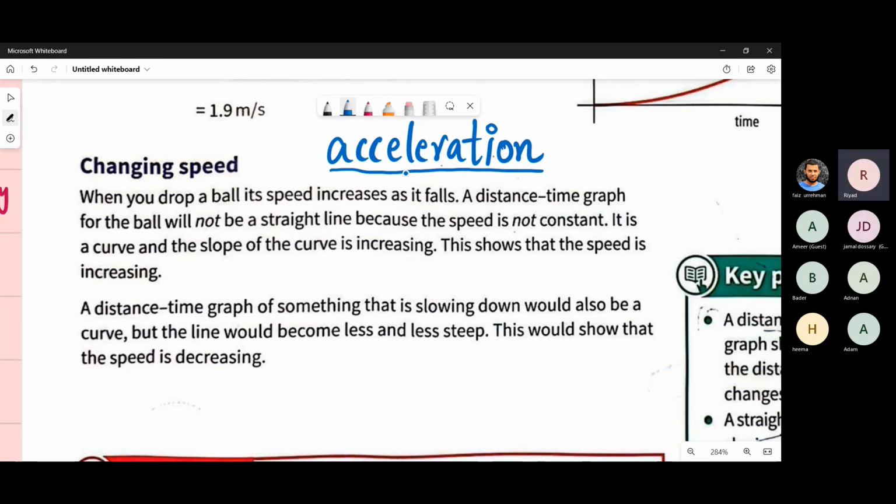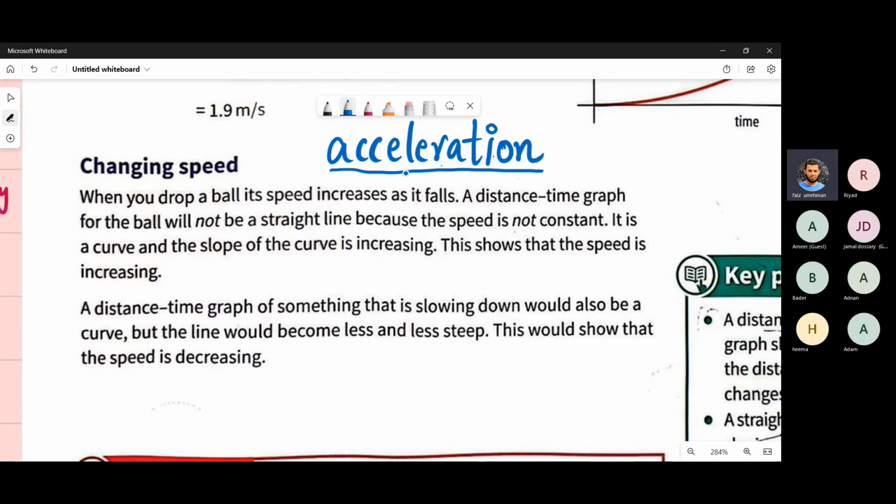No. Yes, Riyad. Moving faster. Or it's the final speed subtract the starting speed, divide by time. But you are telling the formula. Tell me the concept.